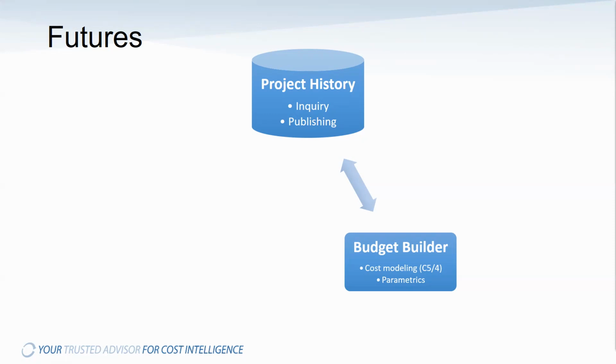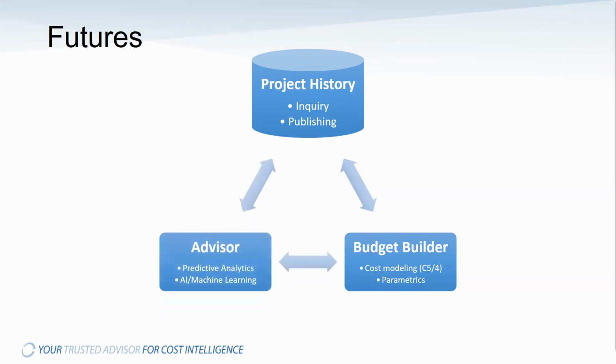And then out on the horizon is our advisor module, which will leverage predictive analytics. As many of you know, we already have a similar projects algorithm that allows some degree of configuration so you can determine for yourselves which projects are considered similar across the organization.